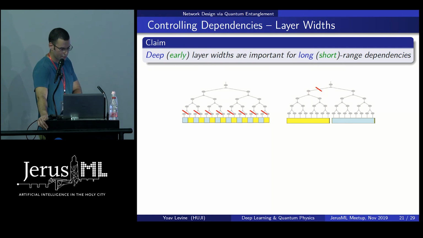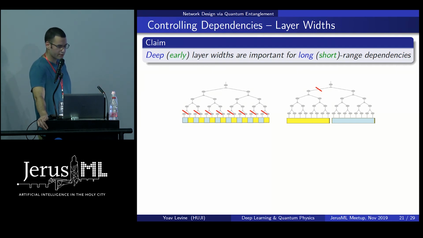So we take the example of the left and right partition that corresponds to longer range correlations, and we see that in order to separate them, we need to make a cut in deeper layers, whereas the interleaved partition here on the left corresponds to shorter range correlations.